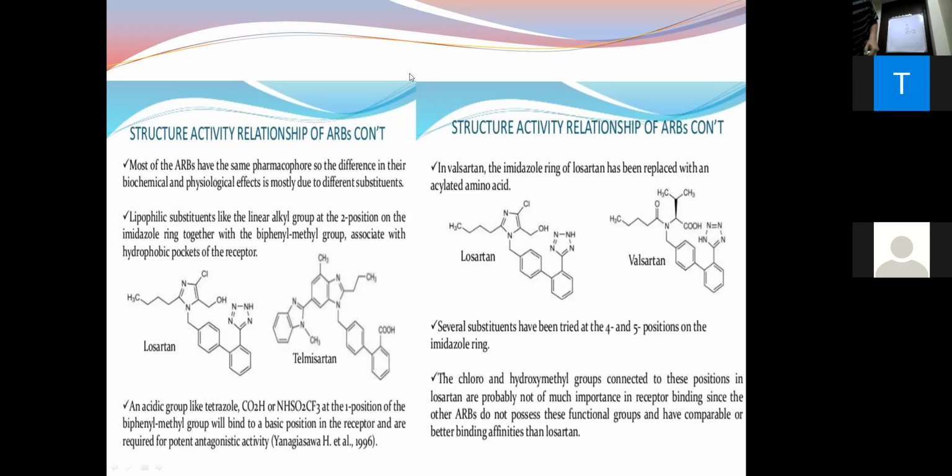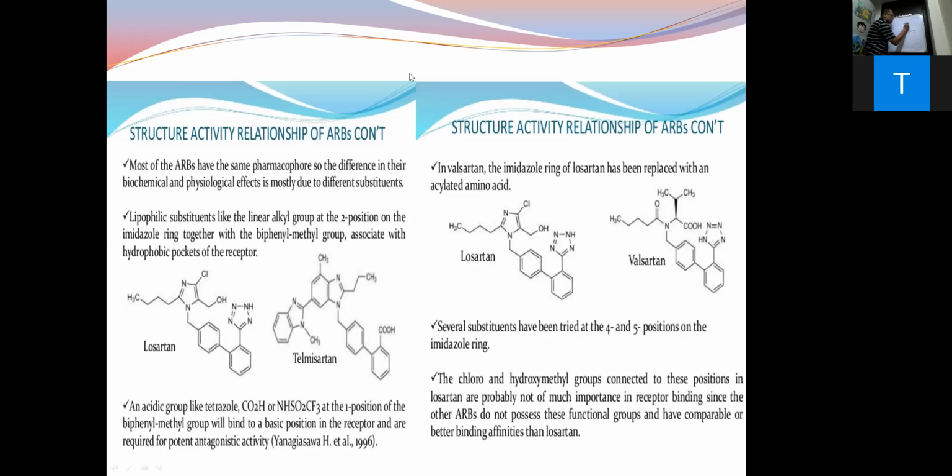This thing is an amino acid, with COOH, and this is your amino acid which is acylated.